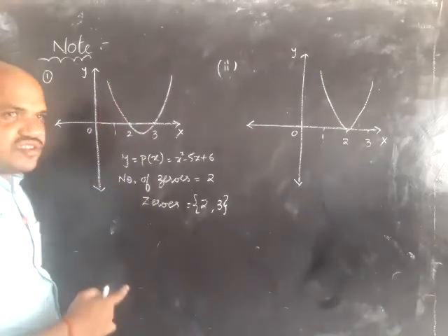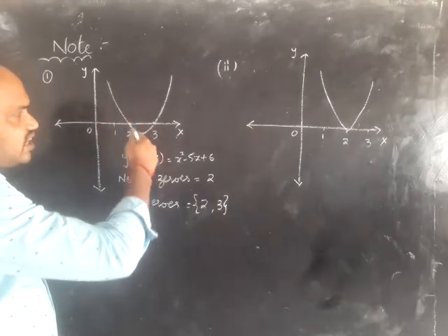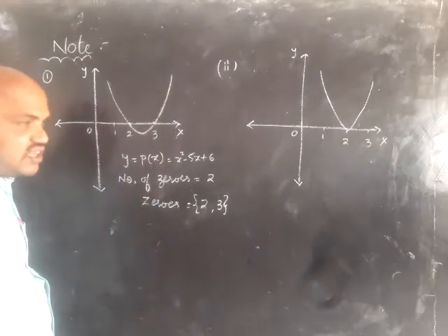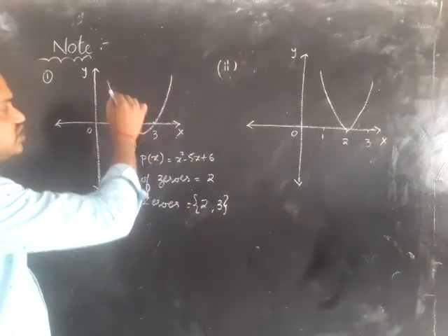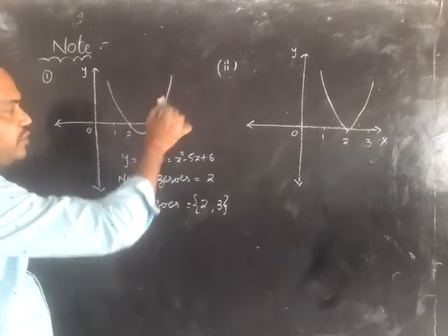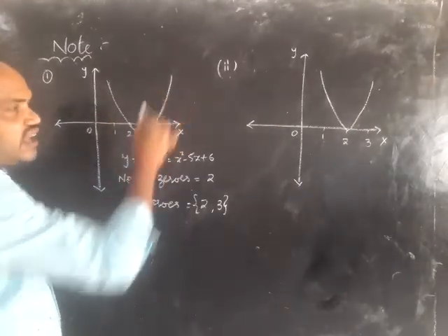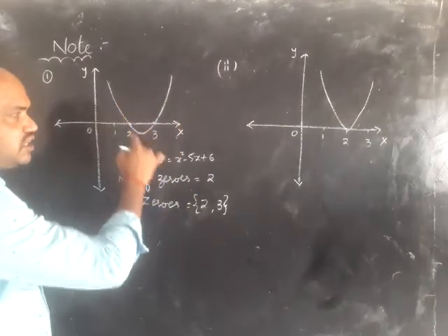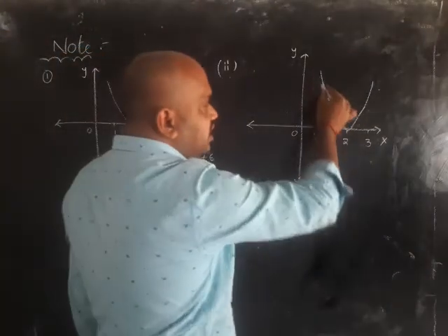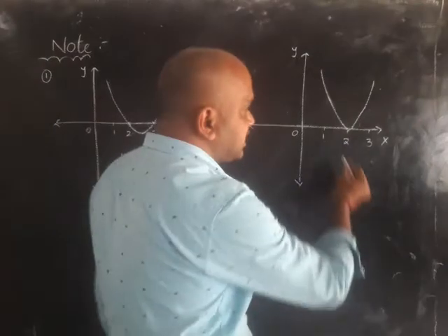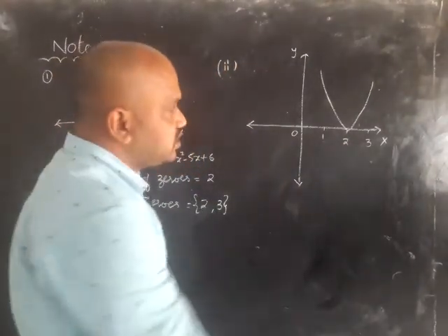So we have to see the intersection of the graph with the x-axis. For a polynomial in x variable, we have to see where the graph meets the x-axis. Here the graph is meeting the x-axis at 2 points. Now see this one here. Here the graph is meeting the x-axis at 1 point, that is at 2.